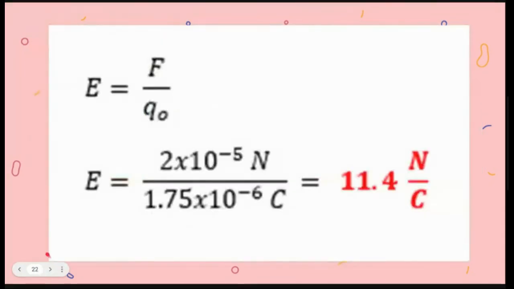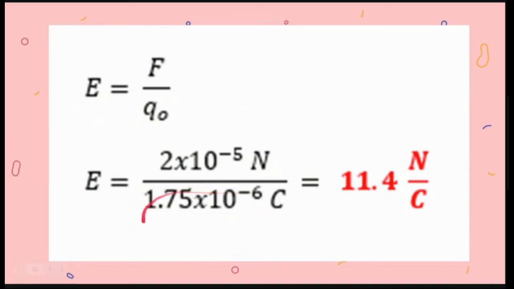Now, we have here E is equal to F all over Q naught. So how do we substitute all of the values? We have 2 times 10 to the negative 5 divided by 1.75 times 10 to the negative 6.